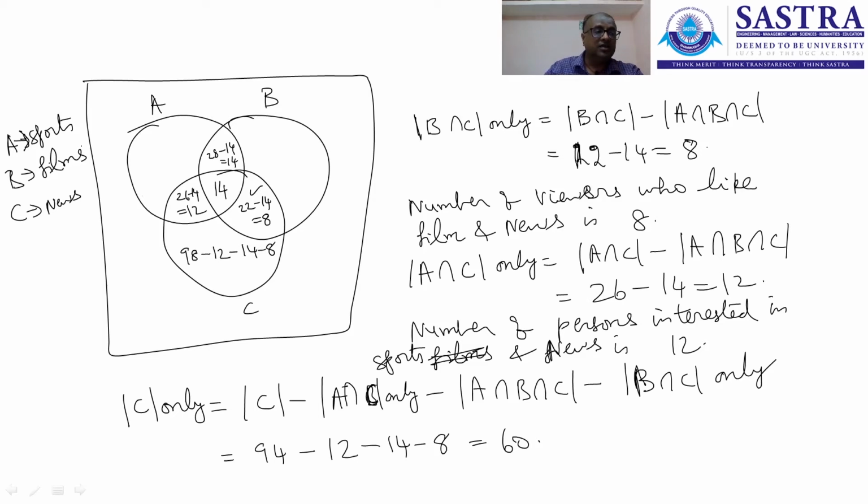And similarly, here you have 64 who watch sports. So I have 64 minus 14 minus 14 minus 12. And here I have 58 who watch films. So I have 58 minus 14 minus 14 minus 8. So I can find the number of viewers who watch only film, only news, and only sports, and I can find a combination using this.